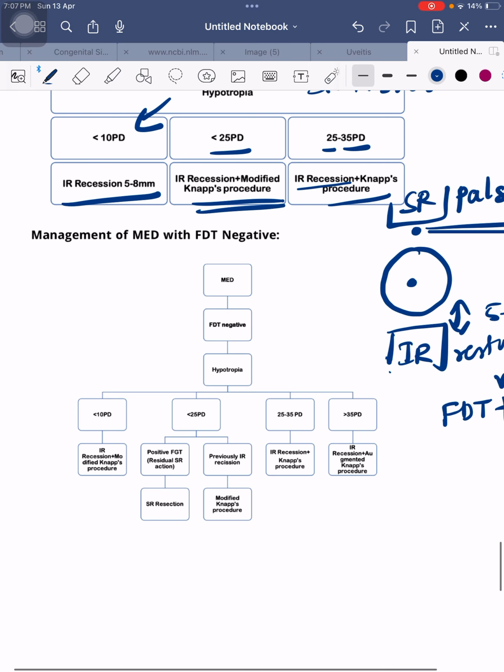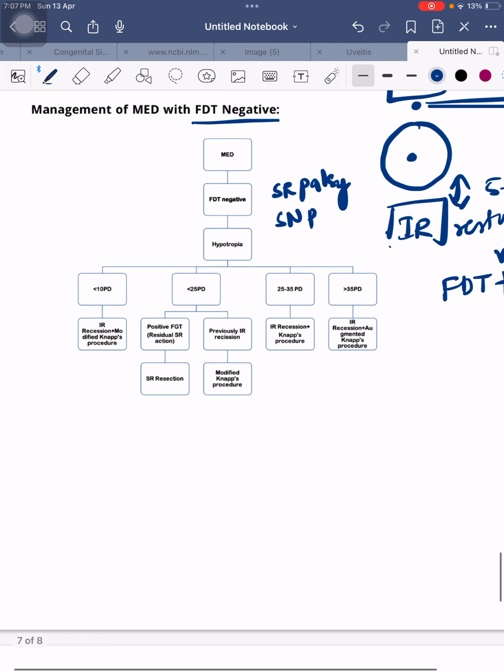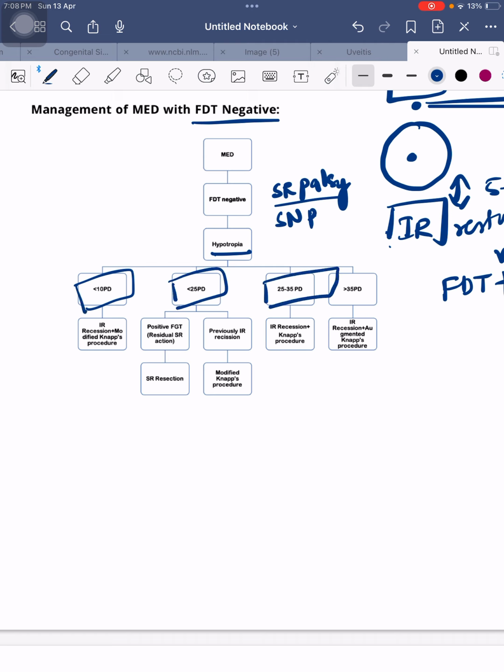Whenever the FDT is negative, as I have mentioned, it can be because of the superior rectus palsy or because of the supranuclear palsy. If it is because of superior rectus palsy, then also they can have a hypotropia. Again, measure the degree. It is less than 10 PD, less than 25 PD, 25 to 35 PD. If it is less than 10 PD, you have to go for IR recession with modified Knapp's.